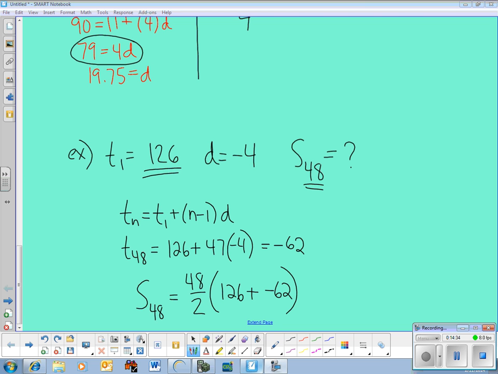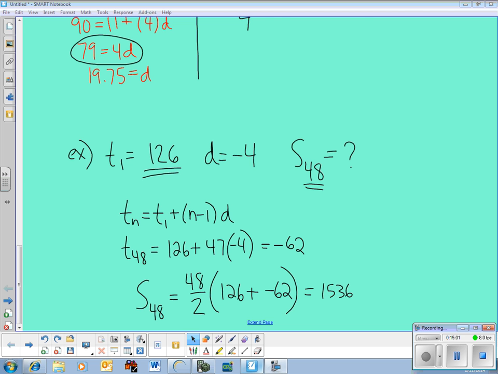All right, and the formula applies whether they're positive or negative. If I take my -62, add 126 to that, multiply by 48, divide by 2, I see that my sum is 1,536. So in this series, some of the terms were positive and they transferred over to the negatives, so they were actually taking away from the sum. But overall, the formula still applies.